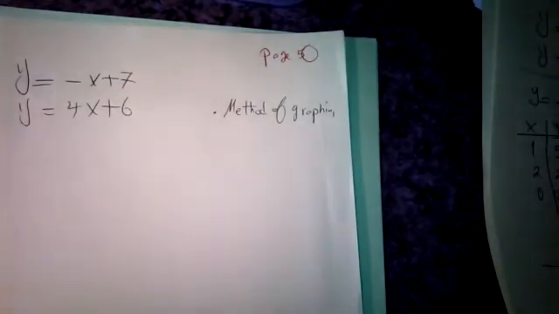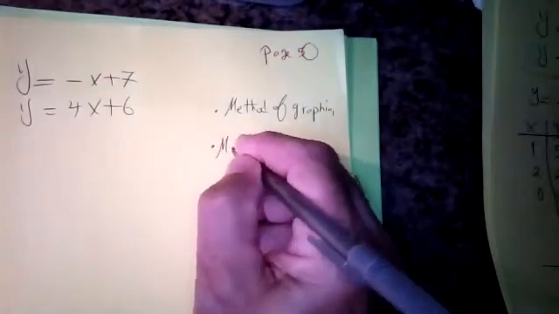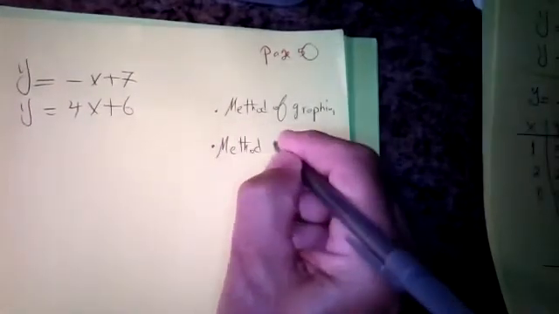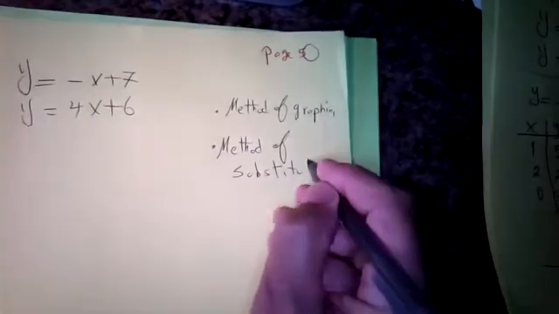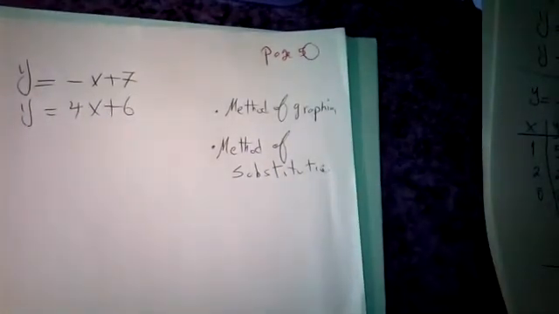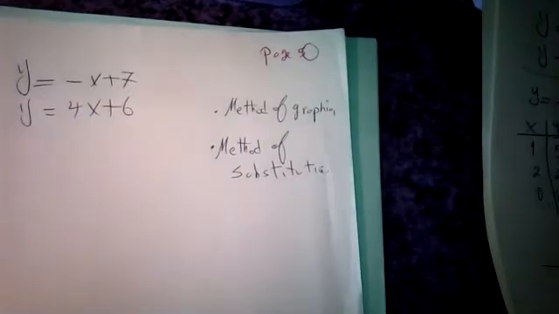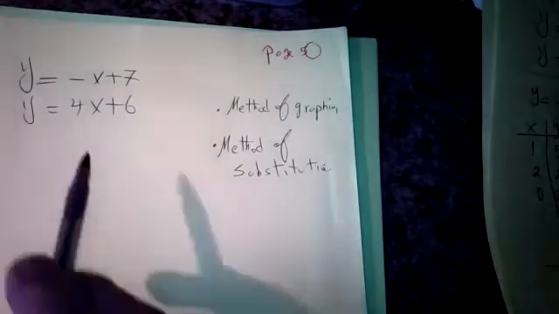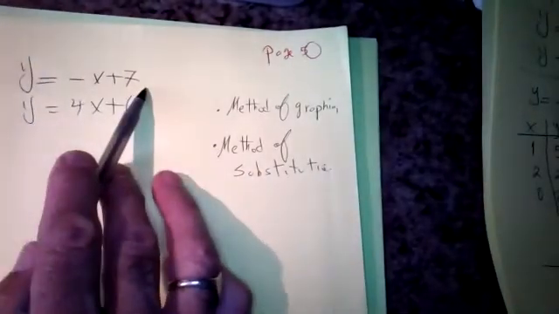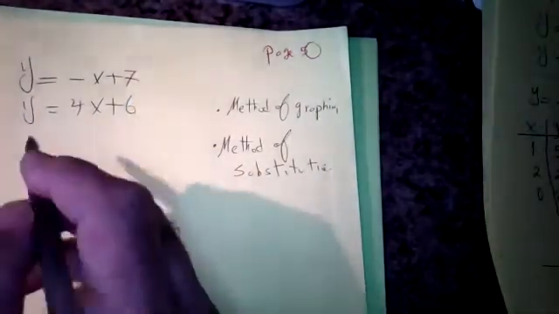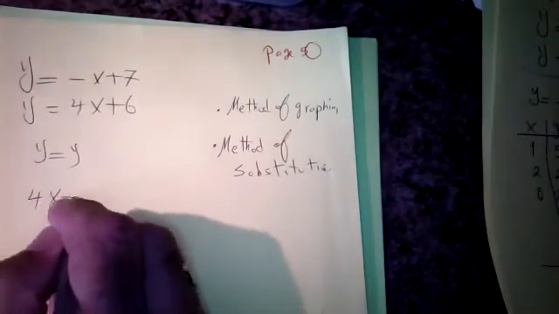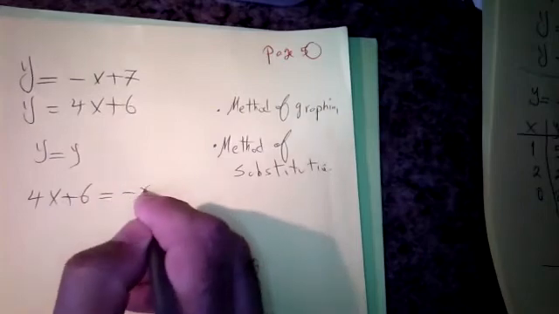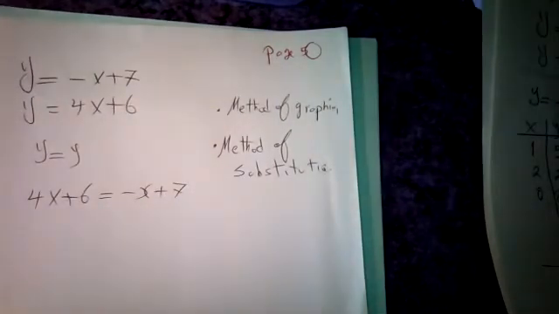Another one is the method of substitution. Look, they both are y. Y is equal to this and also y equal to that. So if y and y are the same thing, then you have 4x plus 6 equal to minus x plus 7, okay?